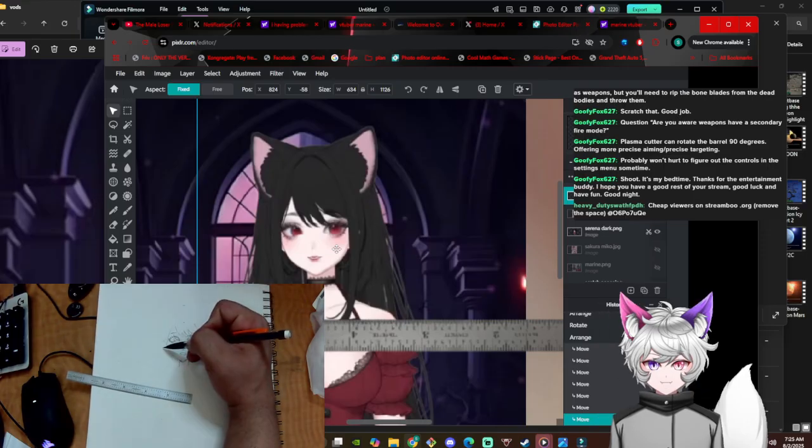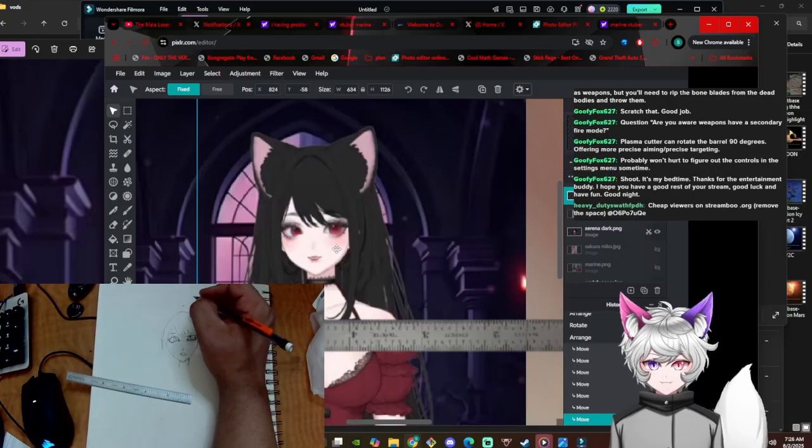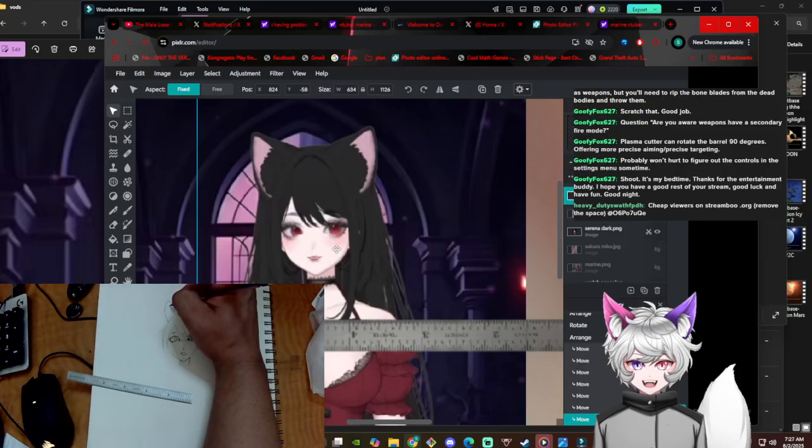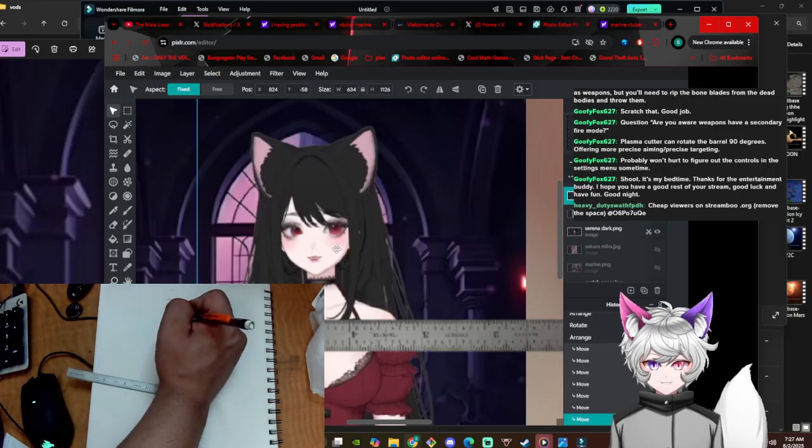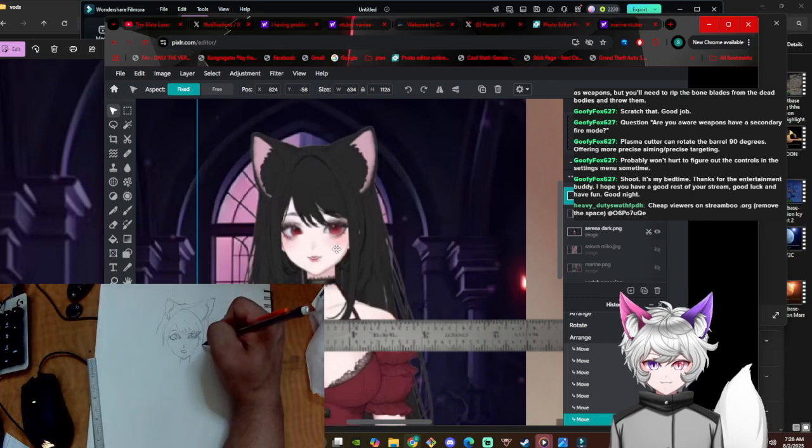If you are about here, you're looking at here to here, which fits pretty close to this, which is where we said was between the two ears. One ear comes up here, the second ear there. And then the rest of the hair comes here to there.